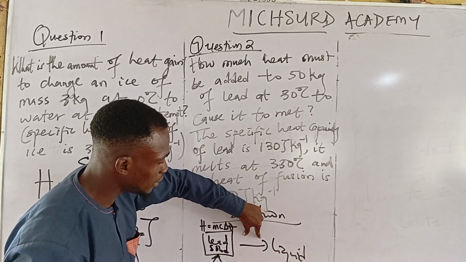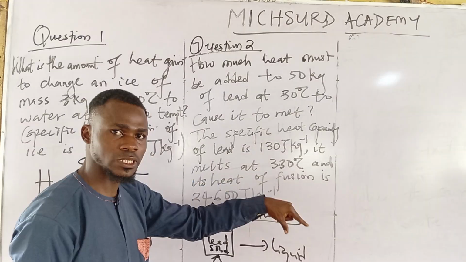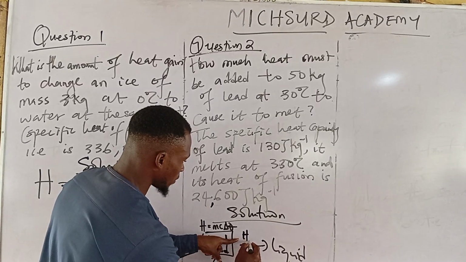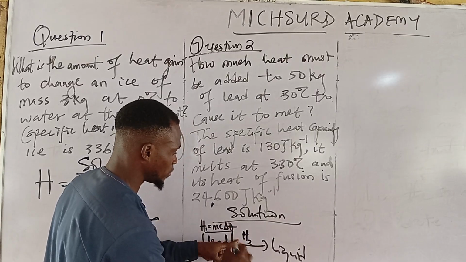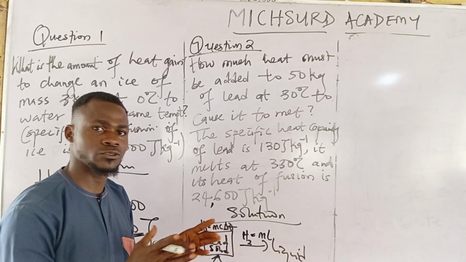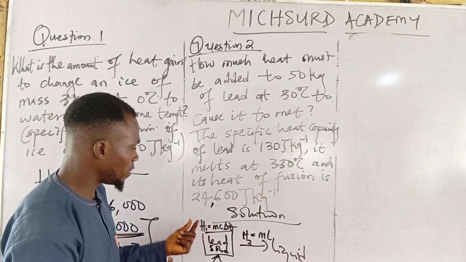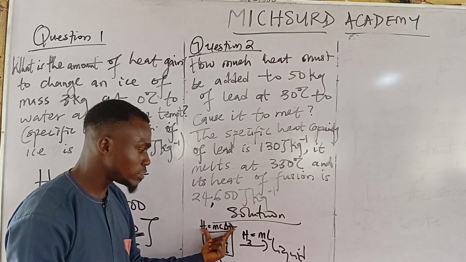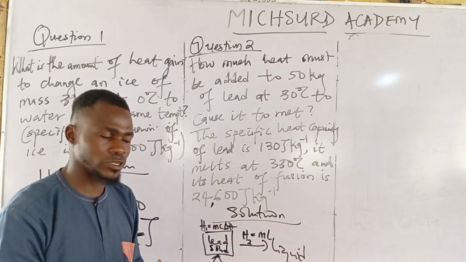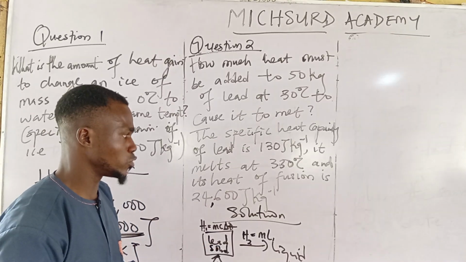When this lead acquires this heat, after some point it will start changing to liquid. Now, there's another heat or energy that is required to make it become liquid, and that is the latent heat. I'll call the first one heat 1 and this one heat 2, the latent heat, which is equal to ml. These are the two heats involved in this question, and we have to get the normal heat required and the latent heat before that lead can be melted.